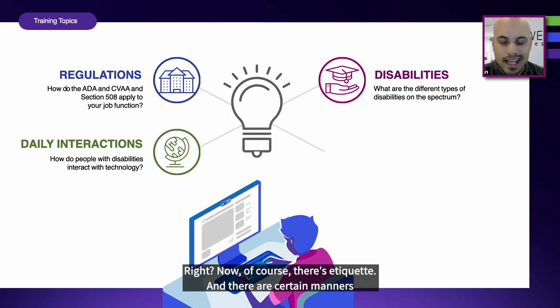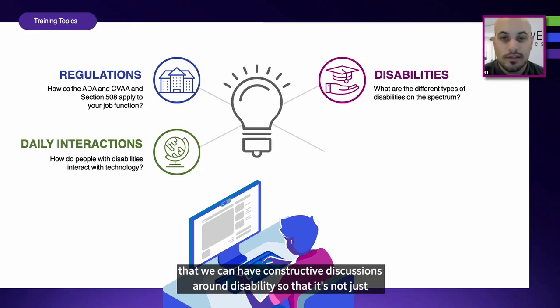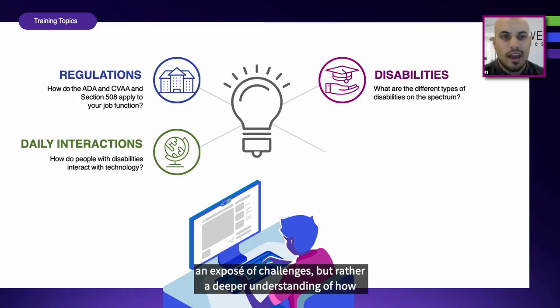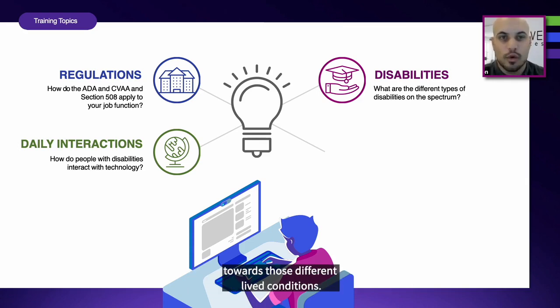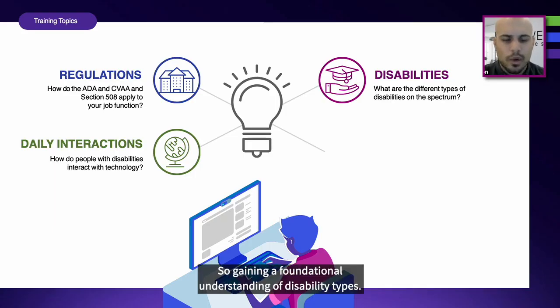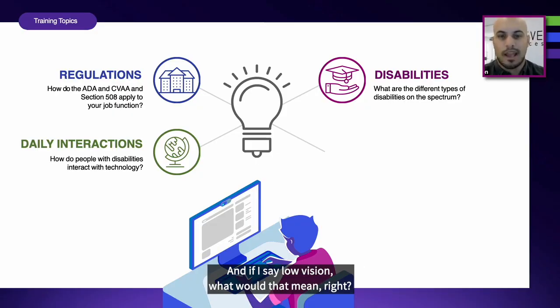Now, of course, there's etiquette, and there are certain manners that we can have constructive discussions around disabilities so that it's not just an exposé of challenges, but rather a deeper understanding of how people's conditions manifest and how we could be more sensitive towards those different lived conditions. So gaining a foundational understanding of disability types, and if I say low vision, what would that mean, right, for you as a designer?